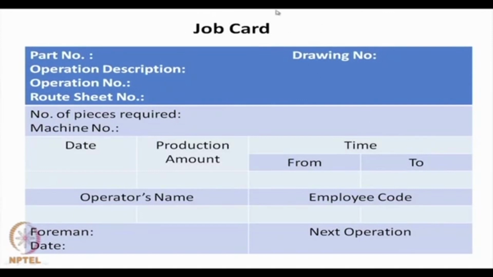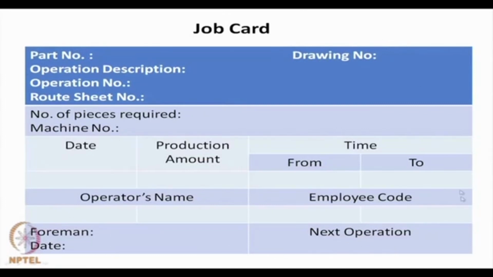We give an example of a job card. In a job card, the operation sequence or operation description is given, part number, drawing number, operation number, corresponding route number, and then the number of pieces required, which machine it will be worked on, from what time to what time, the operator's name, his code, the foreman's name and the date, and what is the next operation.